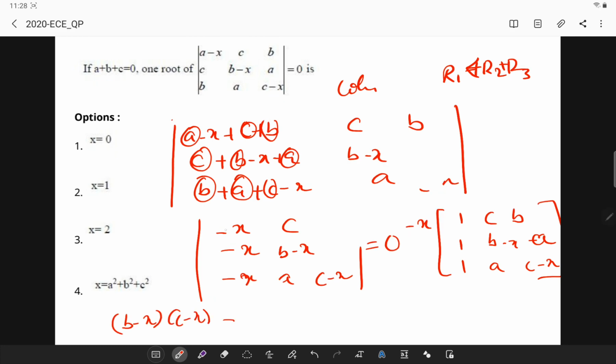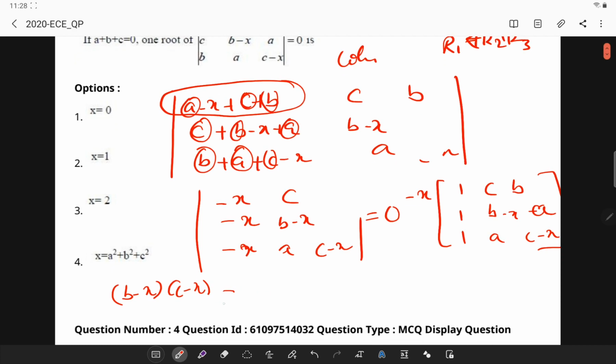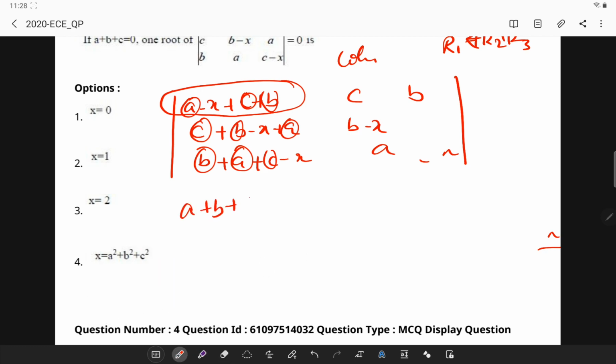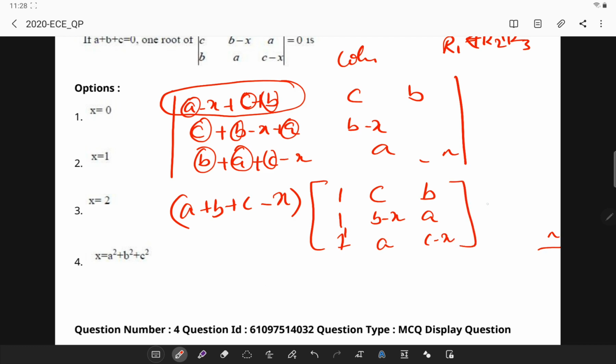So here if I take a plus b plus c minus x common, I will be left with 1 1 1, c b minus x, a b a c minus 6. Now this is equal to 0.